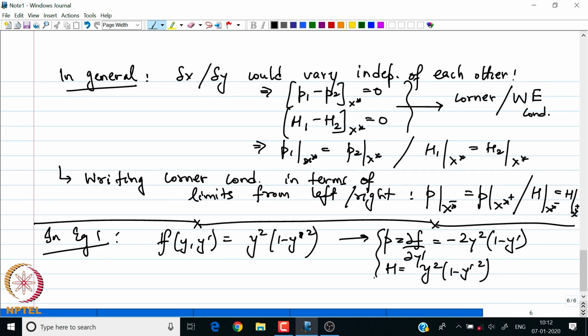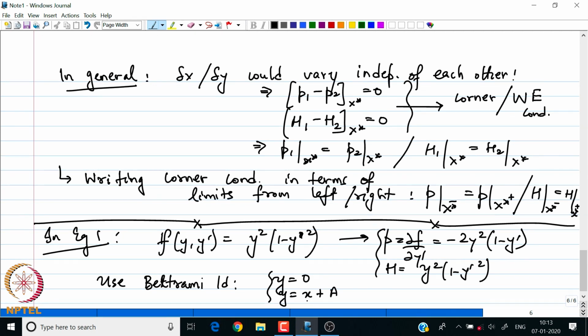Using my Beltrami identity, I get two equations: either y is equal to 0 or y is equal to x plus a. We have seen that in the discussion of the solution to this example.